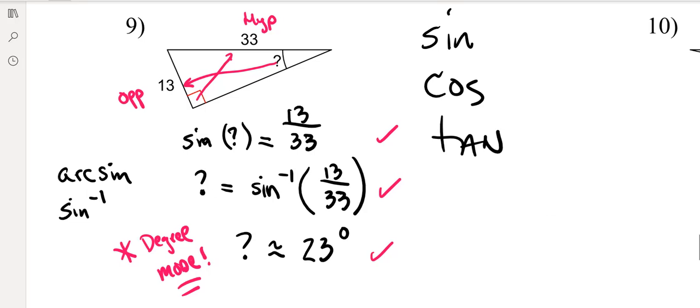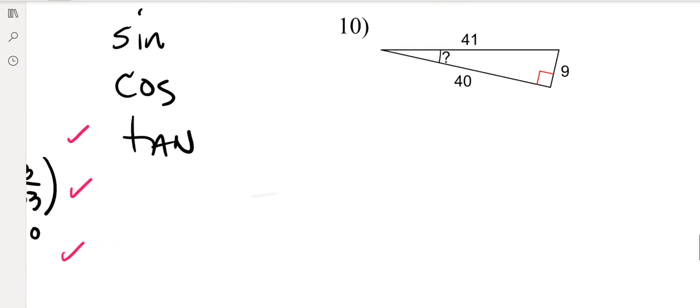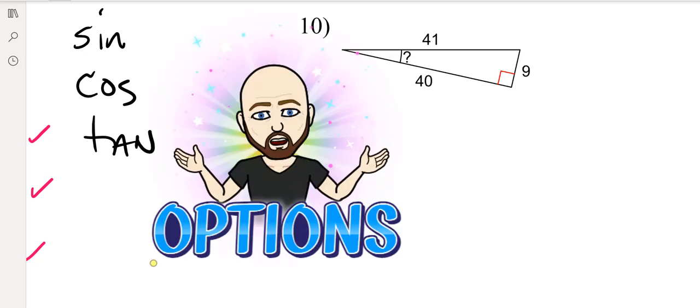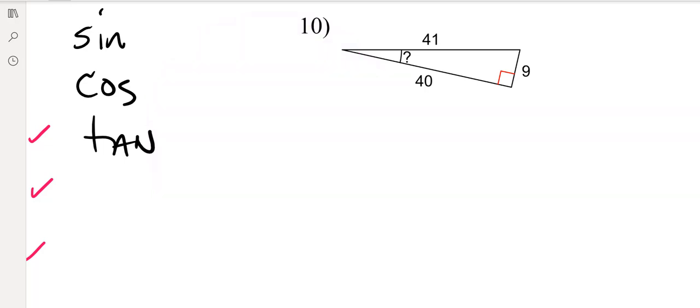Now with example number 10, a little bit different here. On example number 10, we have all three sides. So we really have some options here as far as how to solve this one. Based on where this angle is, the 9 is opposite, the 40 is my adjacent, and the 41 is the hypotenuse. So I've got three sides, which means I could use any of the three trig ratios.